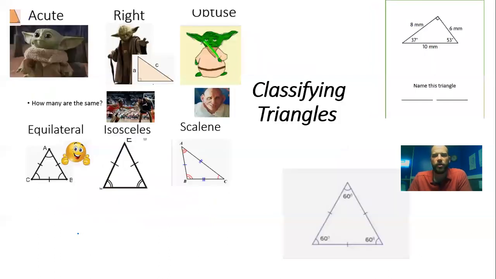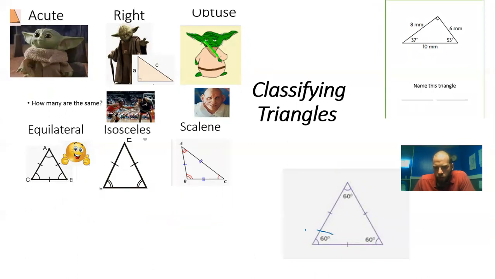And then the last thing that we learned about was the classifying of the triangles. So this is the question in your Friday review up here on the top right. And then remember, when you're classifying a triangle, it has two names. The first name refers to its angles.